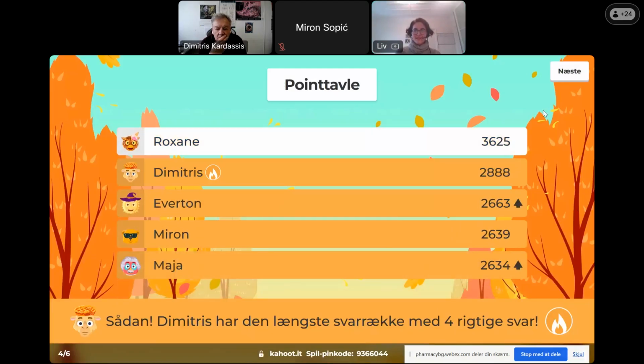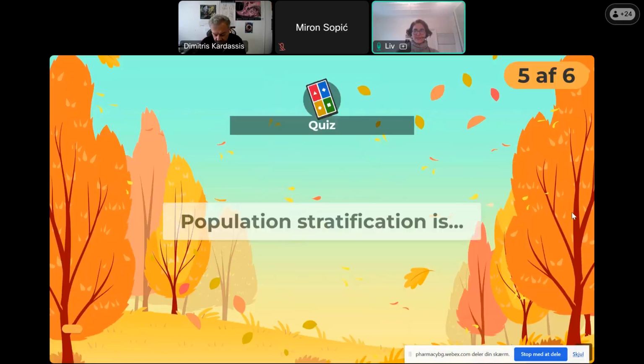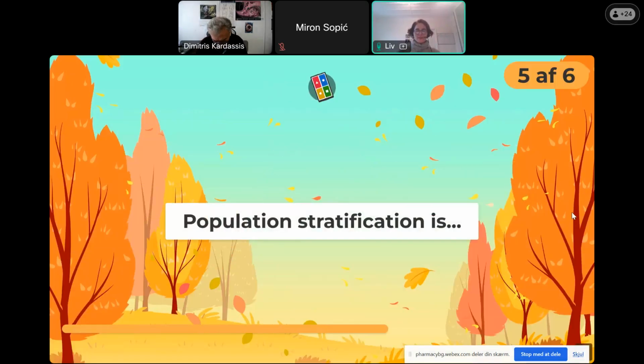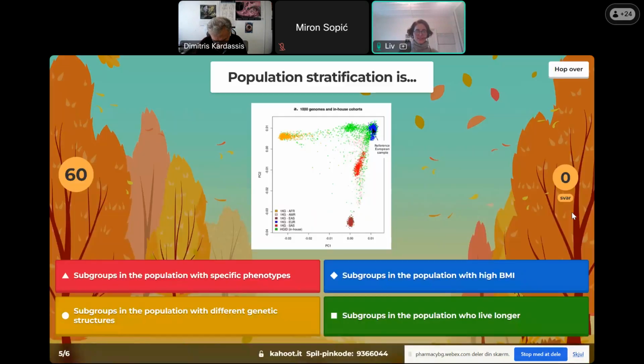Still got Roxanne in the lead. So let's see, question 5 out of 6. Population stratification is subgroups in the population with specific phenotypes, subgroups with high BMI, subgroups with different genetic structures, or subgroups who live longer. So this is a hard one.